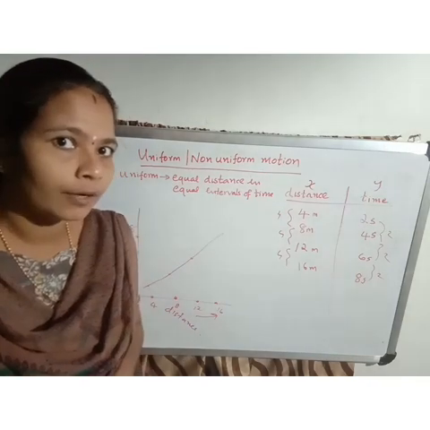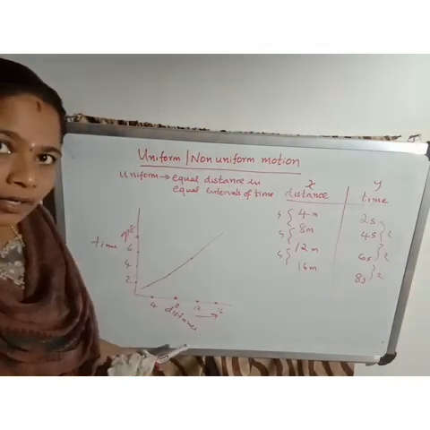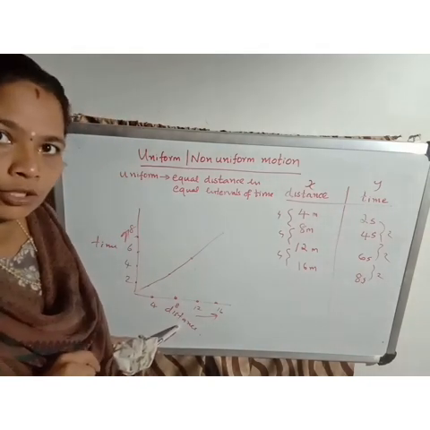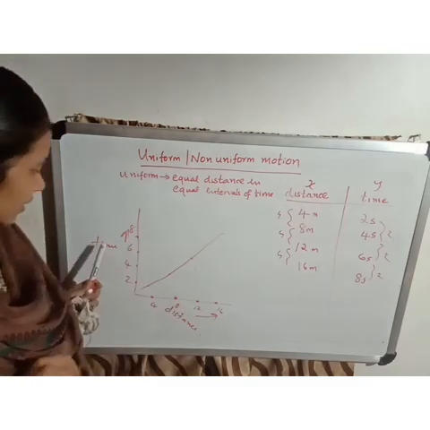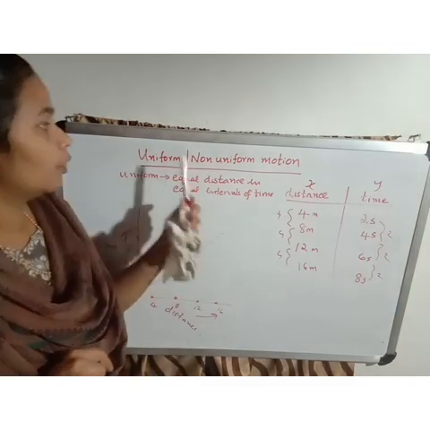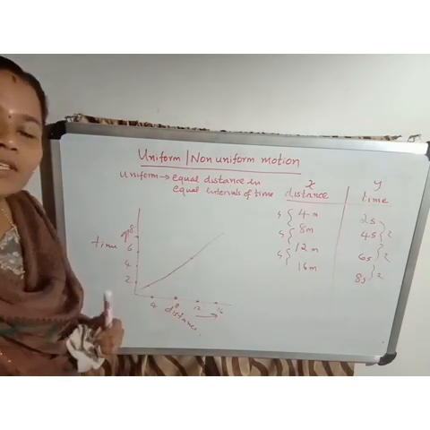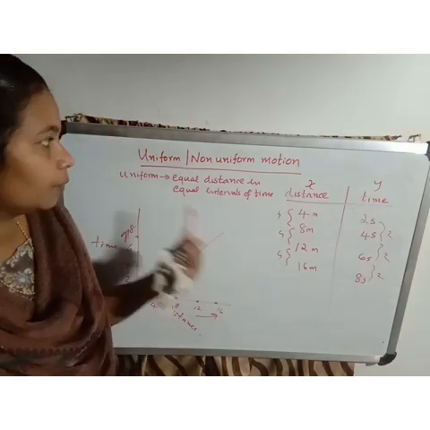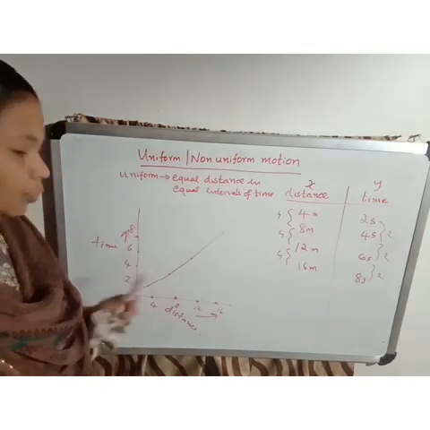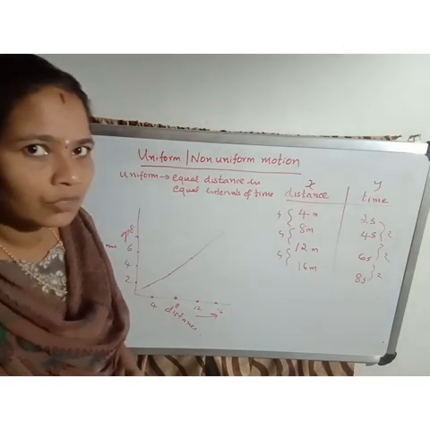What do we infer from this? We plotted the distance time graph for a uniform motion and we got a straight line. Always, with any values, the distance time graph for a uniform motion will be a straight line.